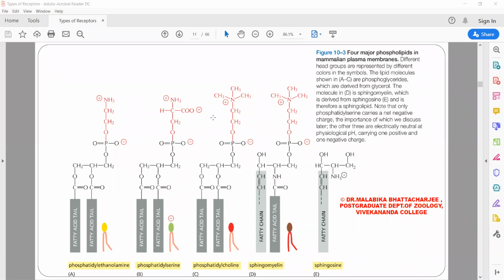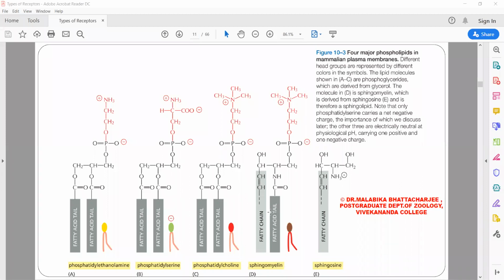If you look into the structure, it has 2 negative charges, so it's a charged phospholipid. Again, phosphatidylcholine. Again, it is a neutral phospholipid. These 3 phospholipids, phosphatidylethanolamine, phosphatidylserine, and phosphatidylcholine, are derived from glycerol.